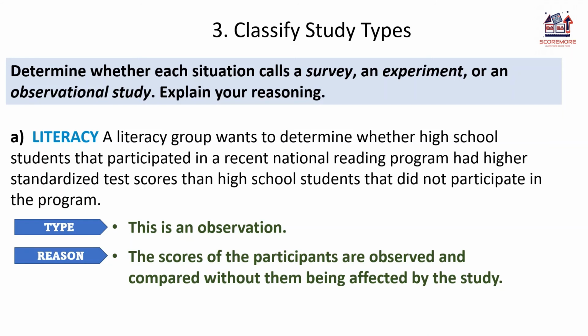Read the situation carefully and say which study is suitable to use. Here we have to watch out their progress. So this could be observation. And the reason is the scores of the participants are observed and compared without them being affected by the study.